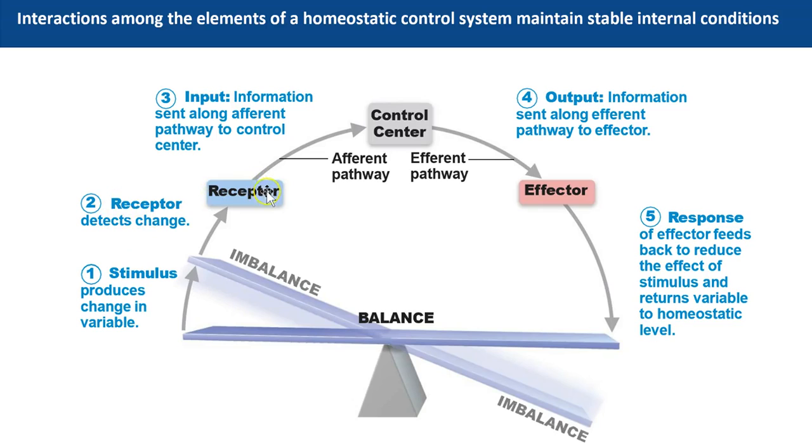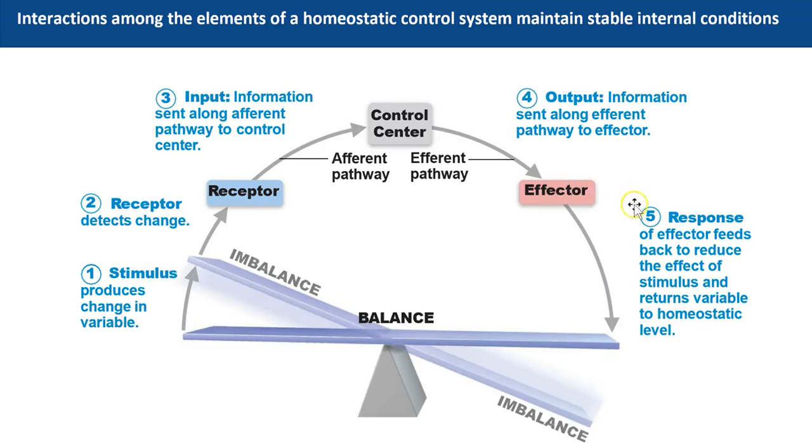The receptors, the sensors, detect the changes. And then they send the information through the afferent pathway to the control center, which is our second component. The control center provides a response by sending information through the efferent pathway to the effectors.